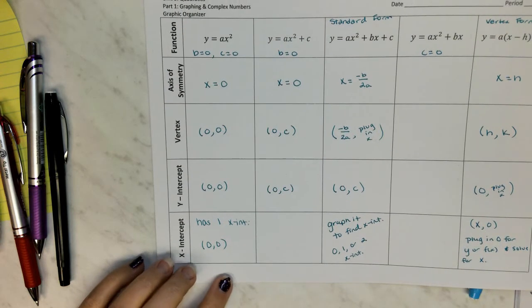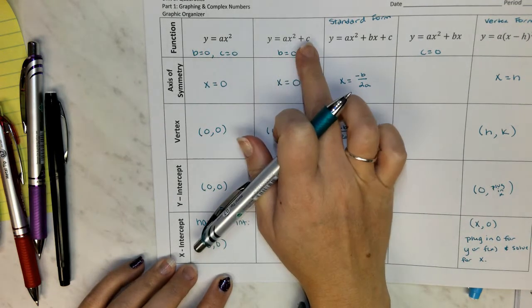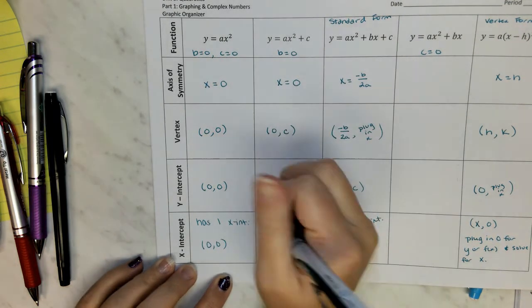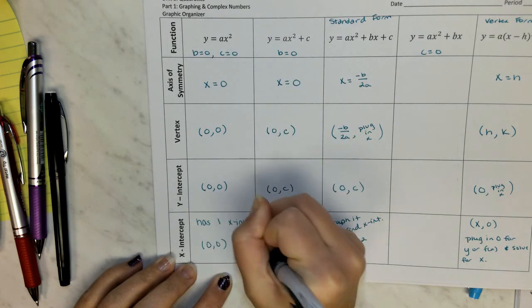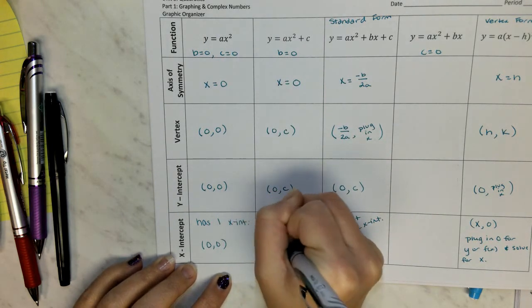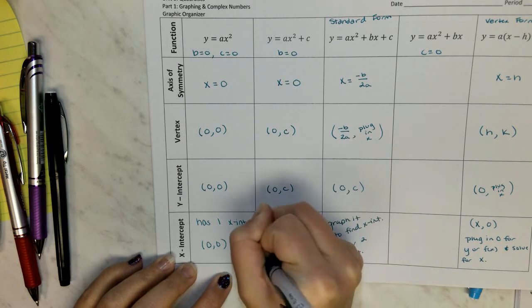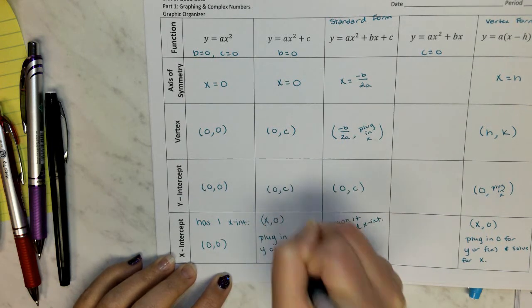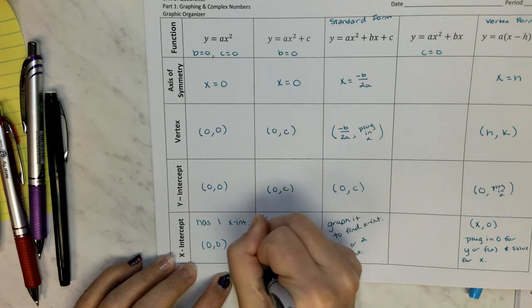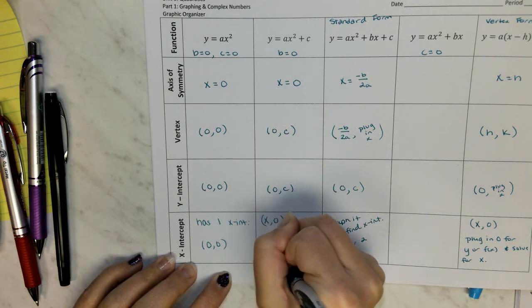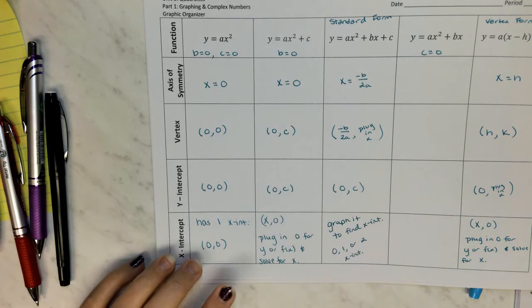Okay? This one, because there's no x term, you know that this point looks like x comma 0. You can plug in 0 for y, or f of x, depending on which one the function has, and solve for x. That'll work.